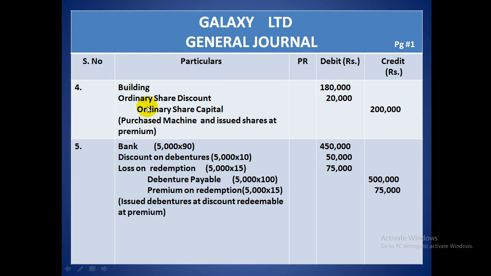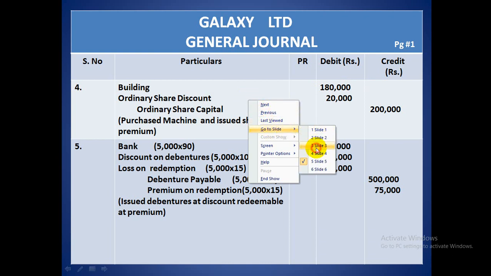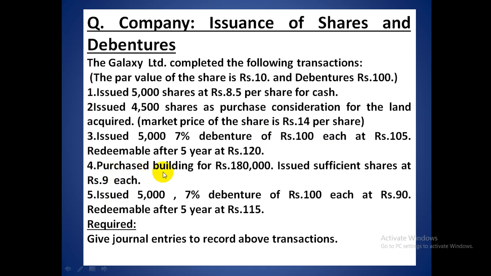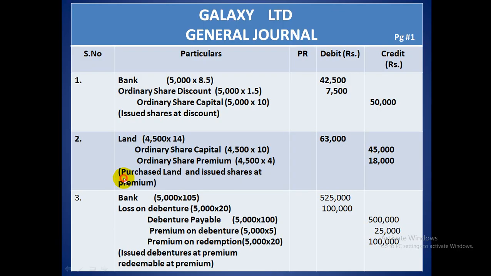In the fourth one, we were purchasing building. The value of building is given. We don't need to work on the number of shares. We can easily calculate the amount which we had recorded as discount. If you want to look at the question, we can judge that the building was purchased for rupees 1,80,000. Sufficient shares are issued for rupees 9 each.